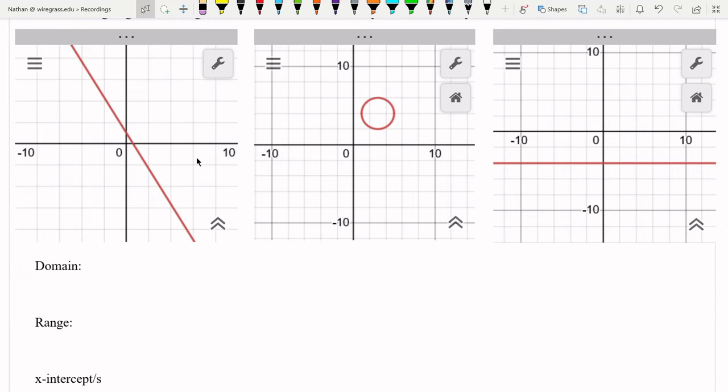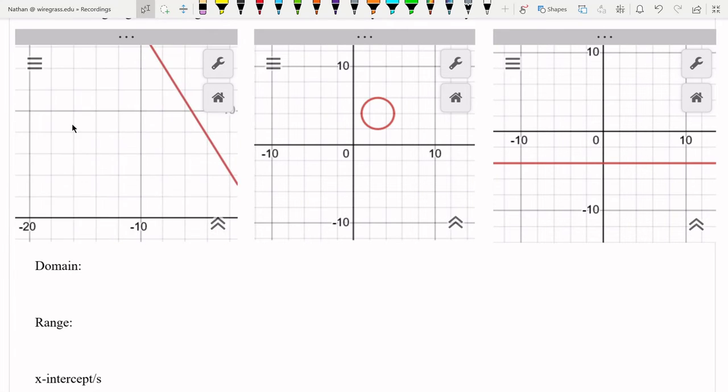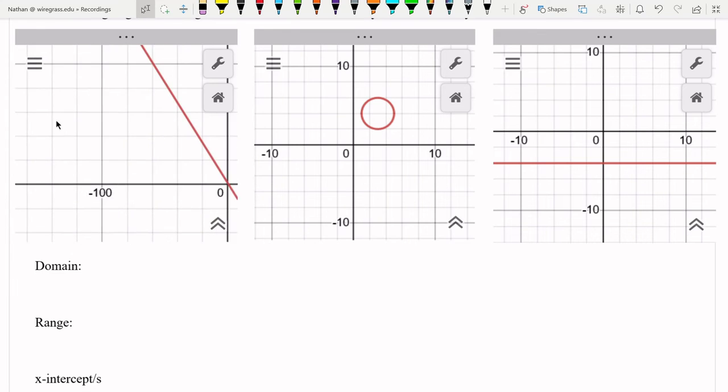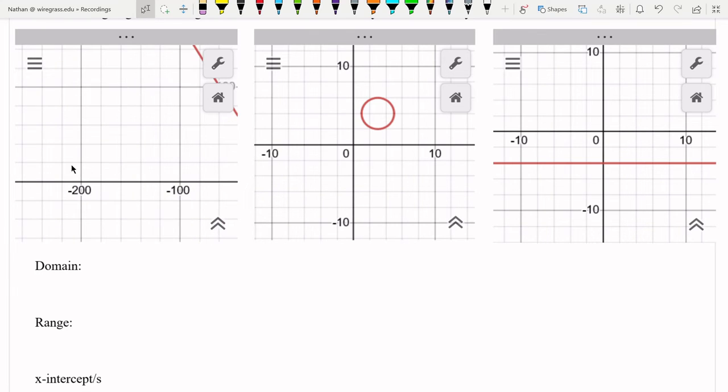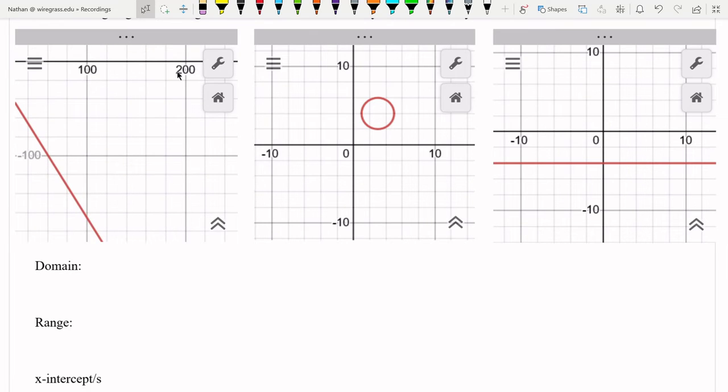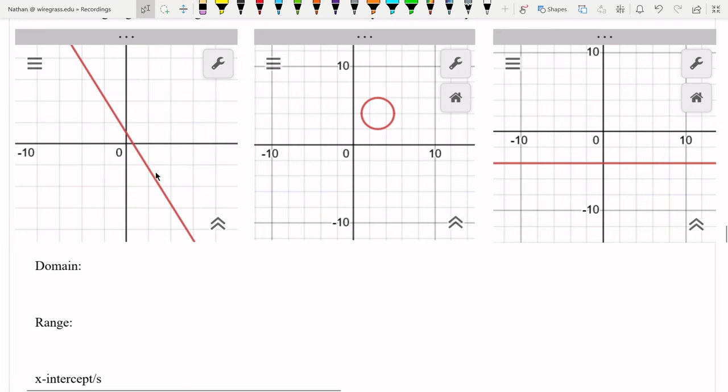You can see that it continues indefinitely to the left and to the right. I can keep going out to the left and zooming out. I can still find the function, so it just continues indefinitely this way. Likewise, it does the same thing to the right. It continues indefinitely that way. So we know that the domain for this first function is negative infinity to infinity.